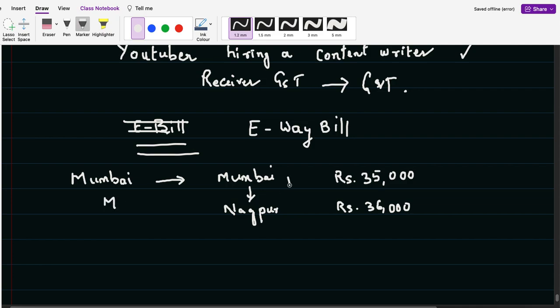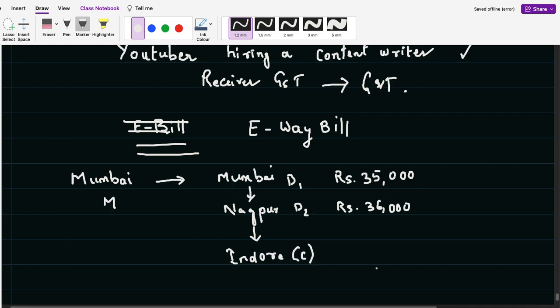Then to another dealer. So first dealer, then it goes to the second dealer. Now the second dealer D2 is selling to the consumer in Indore. The consumer means the last person who is utilizing that product.